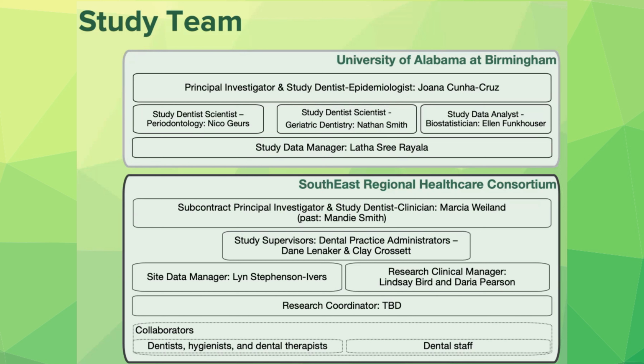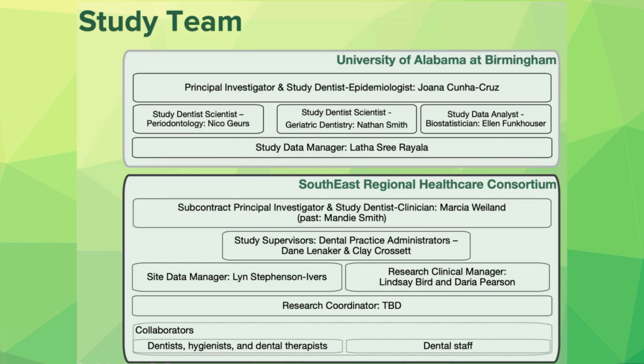Working closely with them is Lynn Stephens-Ivers. And working closely with Dr. Wayland, we have Lindsay Birds, a dental hygienist, and Dasha Pisa, an administrator at the clinic.